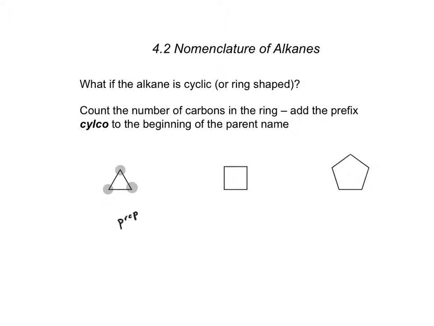So 3 carbons is prop. Again, we're going to end it with ane. But to now signify the fact that it's a ring, we're also going to add on the prefix cyclo. So cyclopropane. This guy here, 1, 2, 3, 4, is butane, but because it's a ring, we call it cyclobutane.